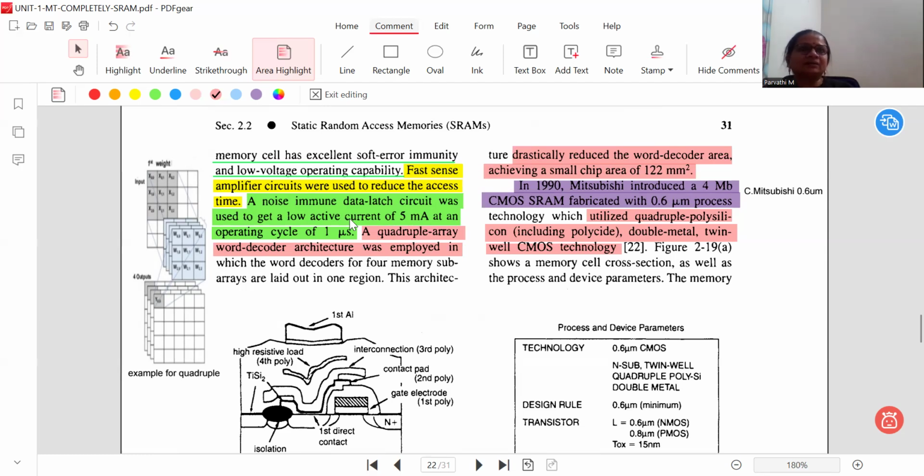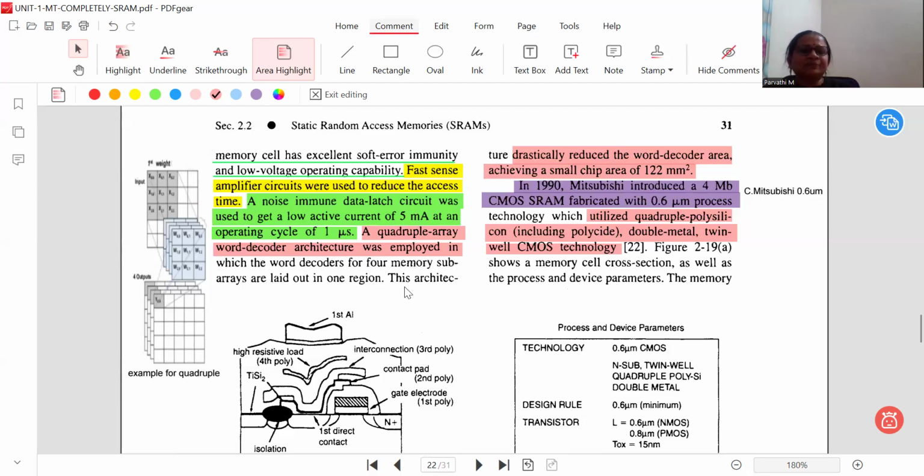Other kinds of noise, such as thermal noise or noise due to movement of electrons or data, will also be eliminated in advanced memories. Noise immune data latch circuits were also used to get a low active current of 5 milliamps at an operating cycle of 1 microsecond. So you can observe how advanced the technology is.